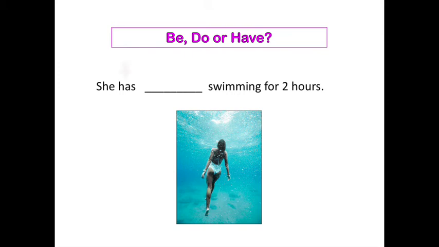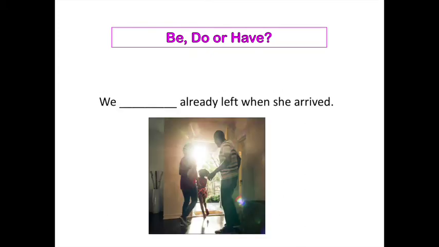Has and a present participle, and it has a duration for 2 hours. That must mean that this is present perfect continuous. So here we need been. She has been swimming for 2 hours.